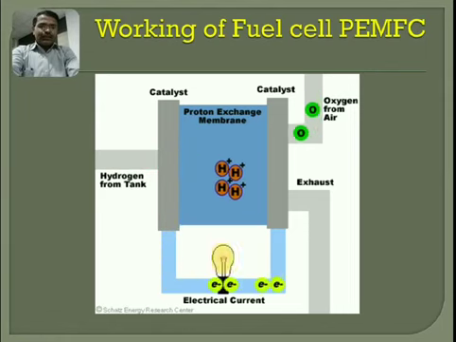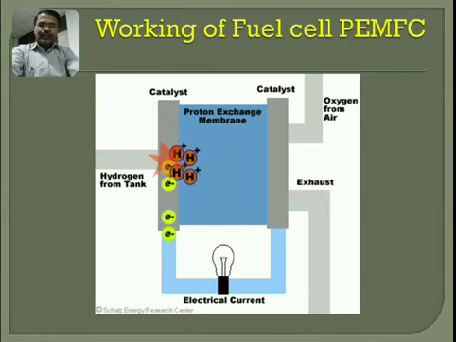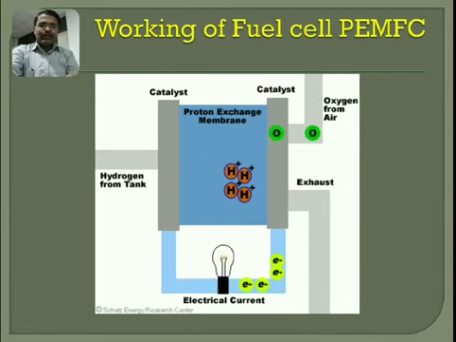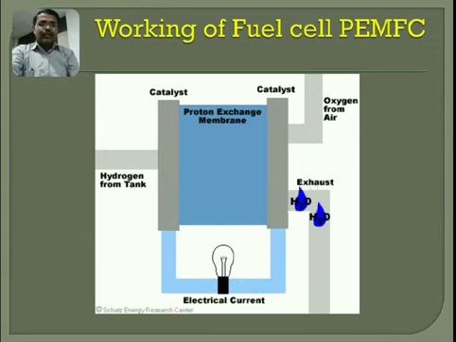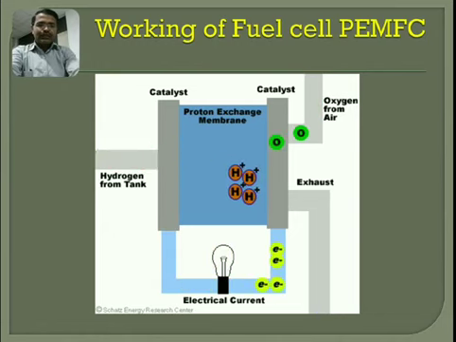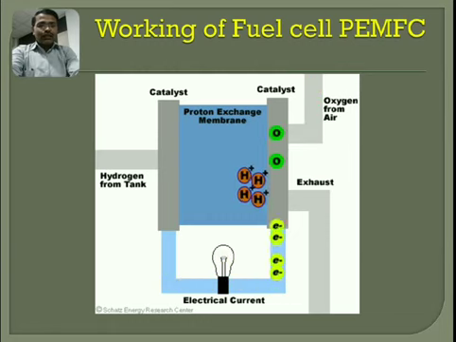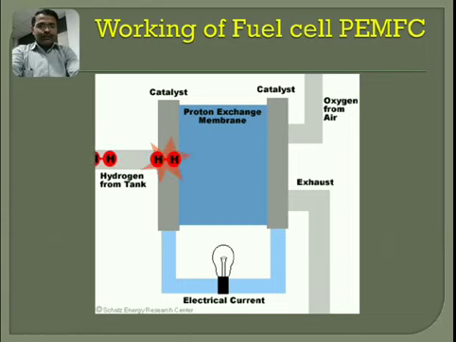This is the general working of a fuel cell. In one of the previous videos, I gave this mechanism just for understanding the concept of fuel cell in a better way. You can see the hydrogen is coming from the left-hand side. It is getting converted into H plus ions and passes through the electrolyte. Simultaneously, the oxygen is coming from the right-hand side.